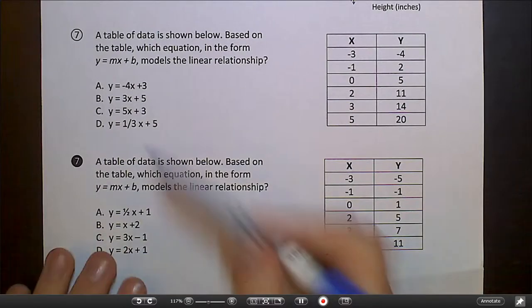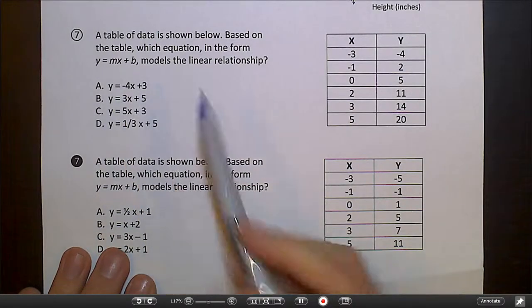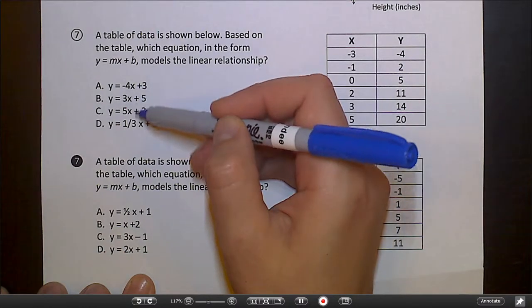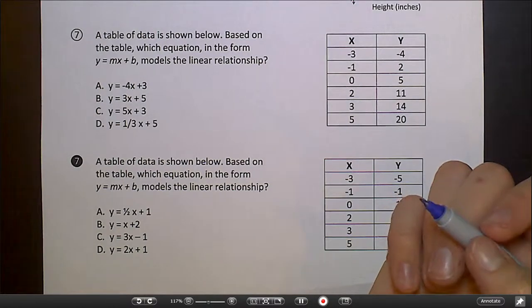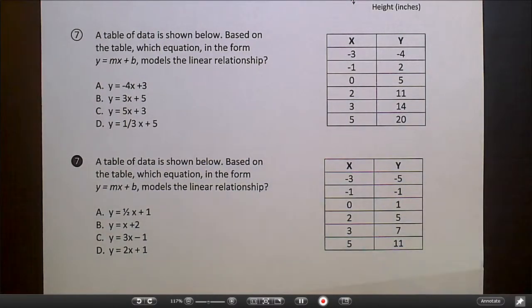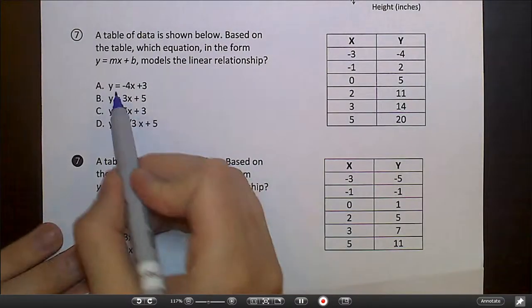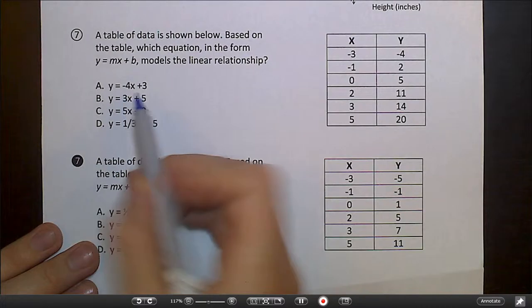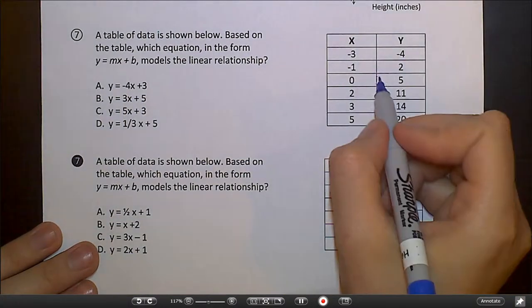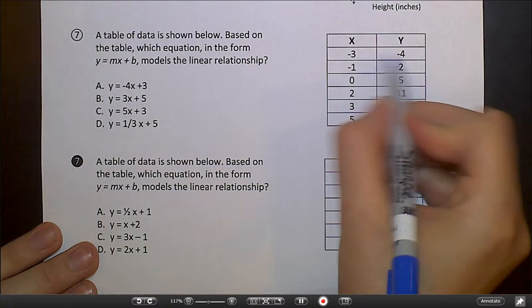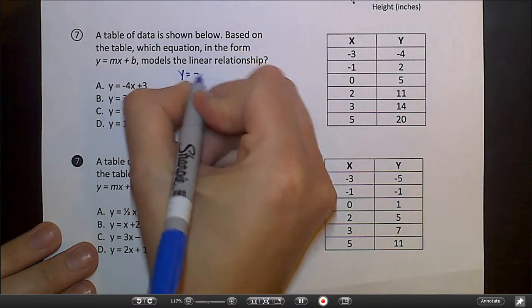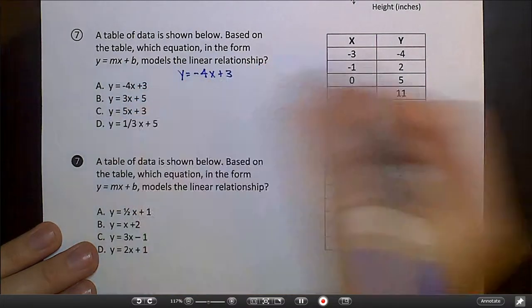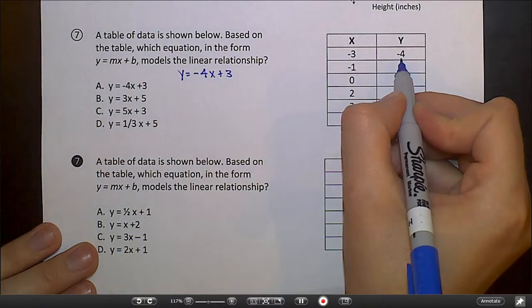First of all, it says in the form y equals mx plus b. Well, if any of these were not in that form, I could get rid of them, but all of these are. So we can't get rid of any choices based on that. But we can start plugging in. I'm going to take y equals negative 4x plus 3, and start plugging in my x's and y's.